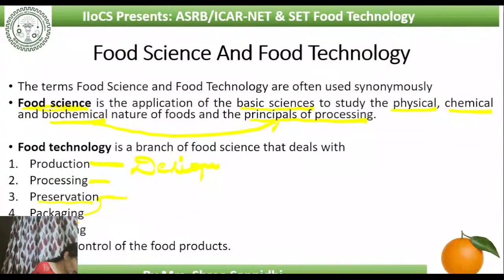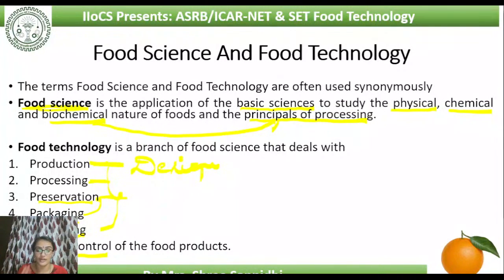So after it is packaged, the food is marketed. So in marketing the food, you commercialize it and you make it reach the consumers. All these things are constantly controlled by the quality control system.